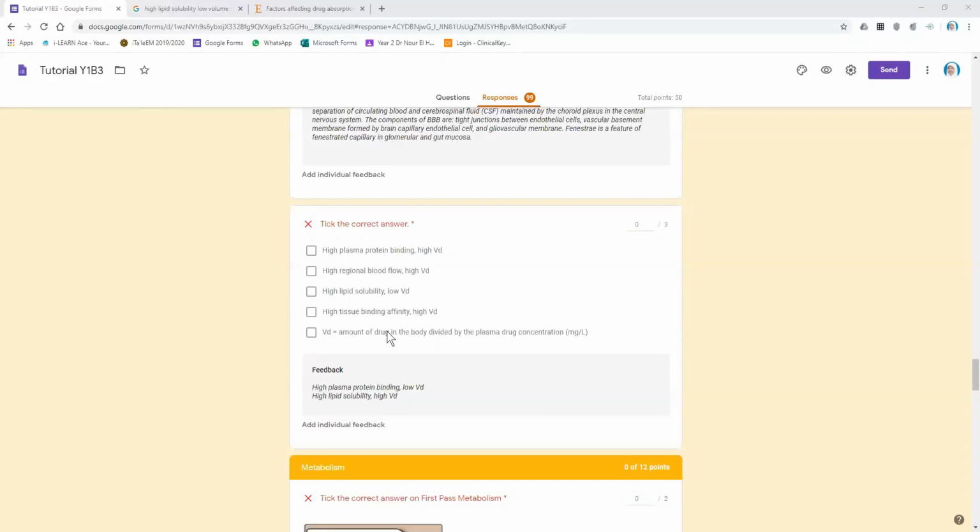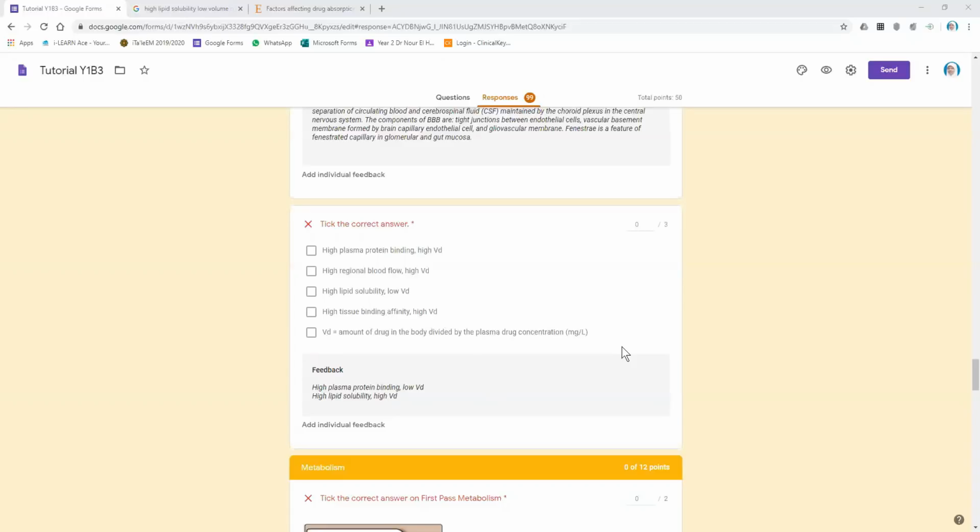Alright. Now, the last one: it is the amount of the drug in the body divided by the plasma drug concentration, in milligram per liter. So this is true. This is the formula: Vd equals dose over plasma concentration, right?